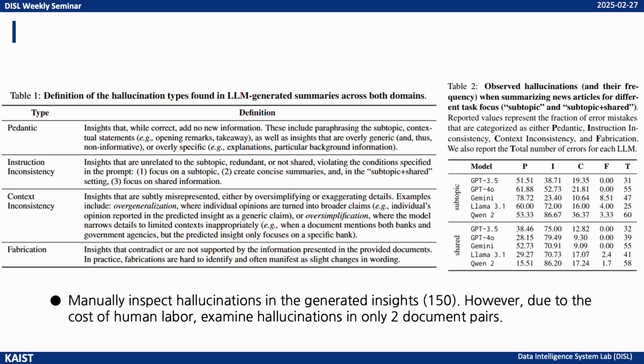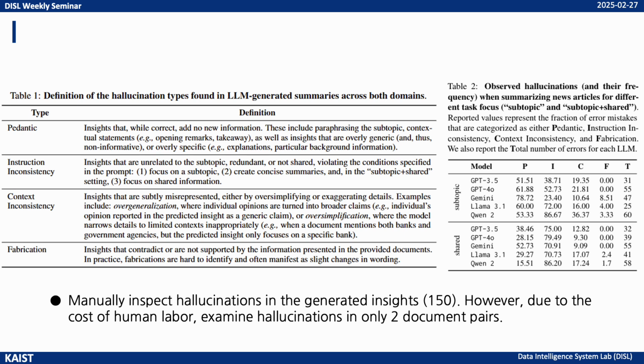The third one is a kind of hallucination defined in the single document summarization setting. In this paper, they manually inspect hallucination in the generated insights. However, due to the cost of human labor, they examine hallucination on 2 document pairs.